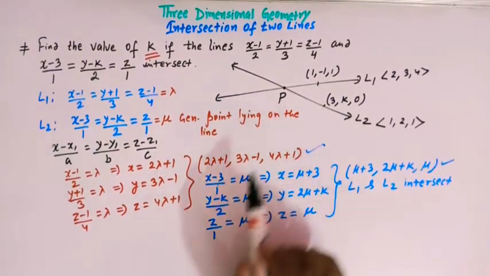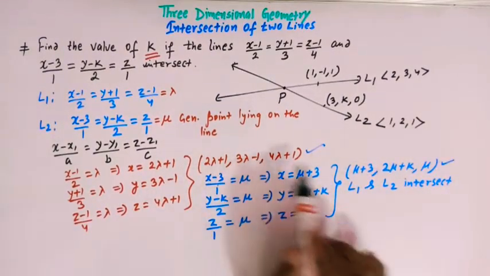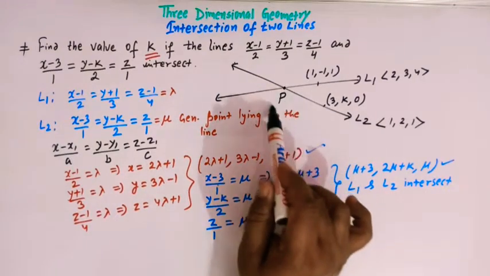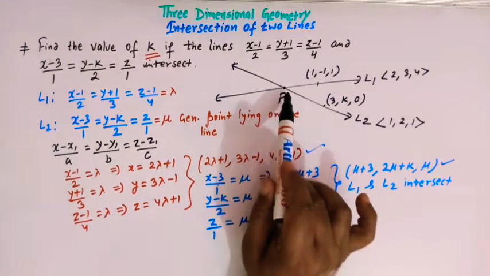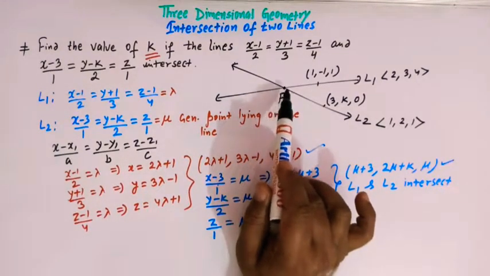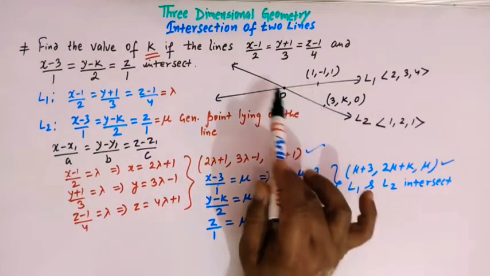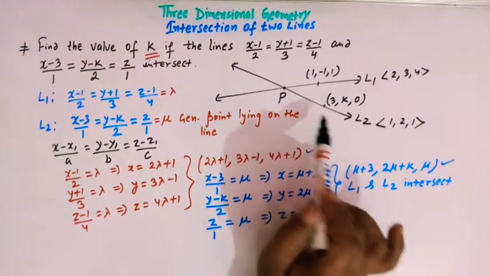These two coordinates must coincide for this point of intersection, because this point lies on the line L1 as well as on the line L2.